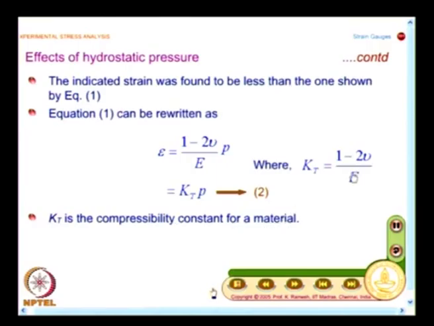So, it is a function of the Poisson ratio and the Young's modulus of the specimen, and kT is known for a given experimental situation. Now, what we are going to do is develop an empirical relation which would correct the indicated strain.